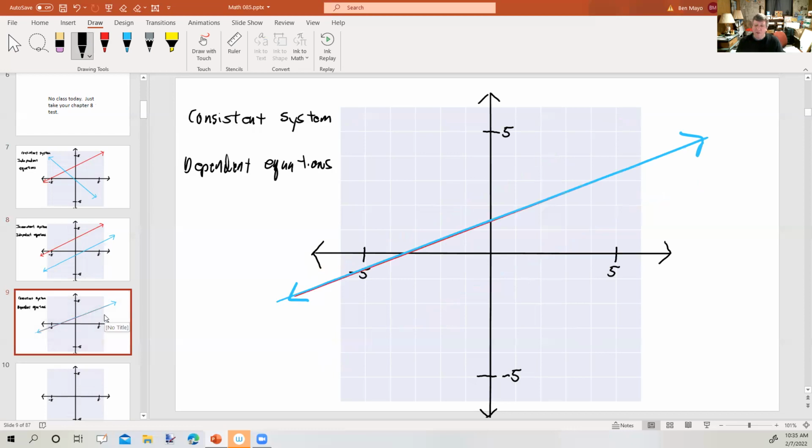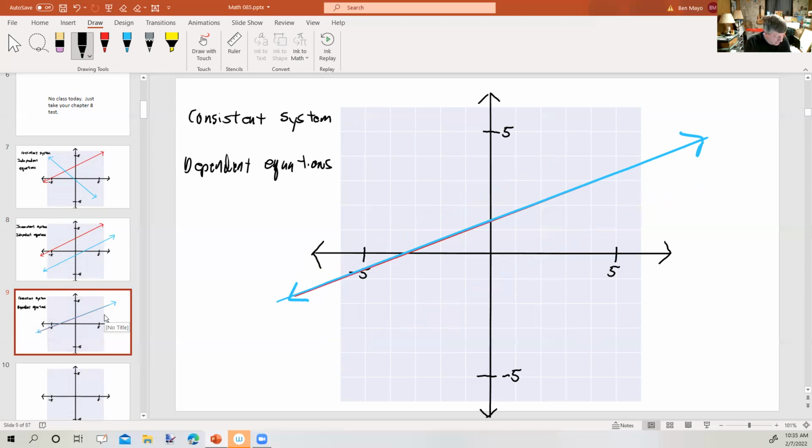Finally, the two lines are in fact the same line, so it does have a solution. In fact, the solution would be all points on the line, so it's a consistent system, but we say the equations are dependent. They are not independent of one another. They are in fact different versions of the same equation.